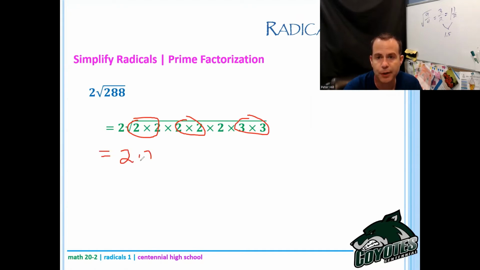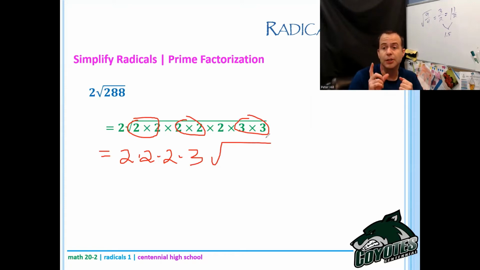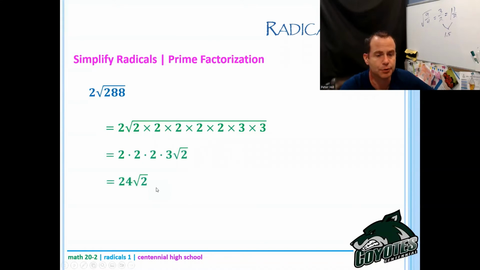And then I'm going to bring out 2 more 2s, because I've got 2 pairs there, and then a pair of 3s that comes out as 1, 3, right? Because if I'm taking the square root, it'll just be one of those instead. And then I'd be left with a root 2 in the radicand, okay? 2 times 2 times 2 is 8, times 3 is 24. So I end up with 24 root 2.